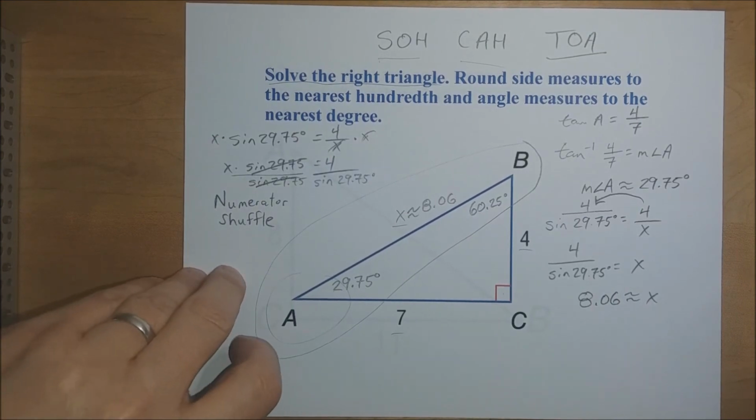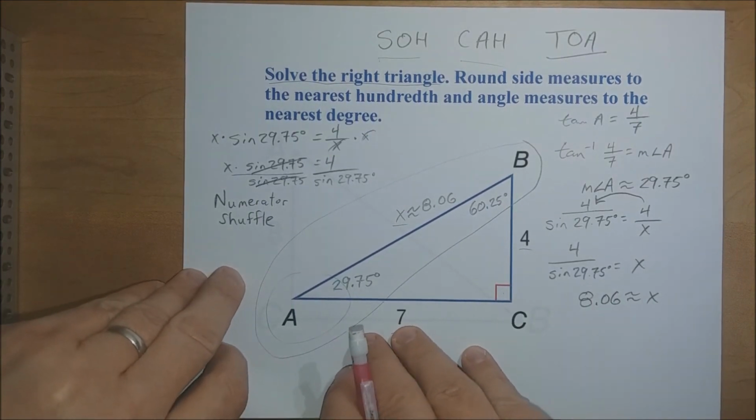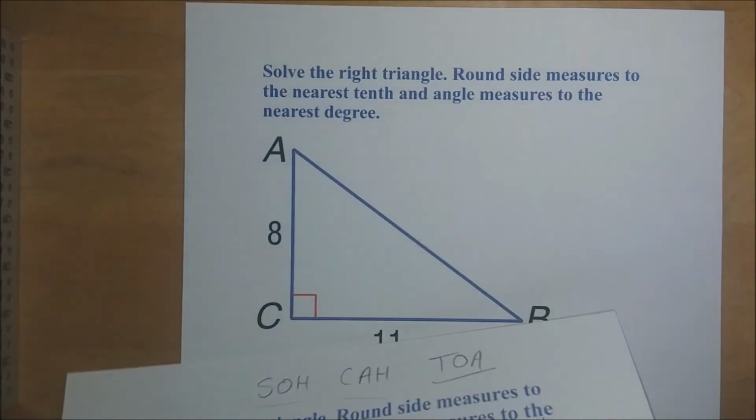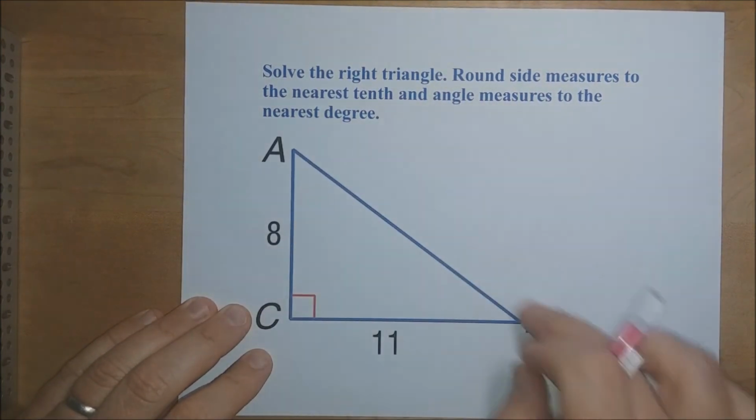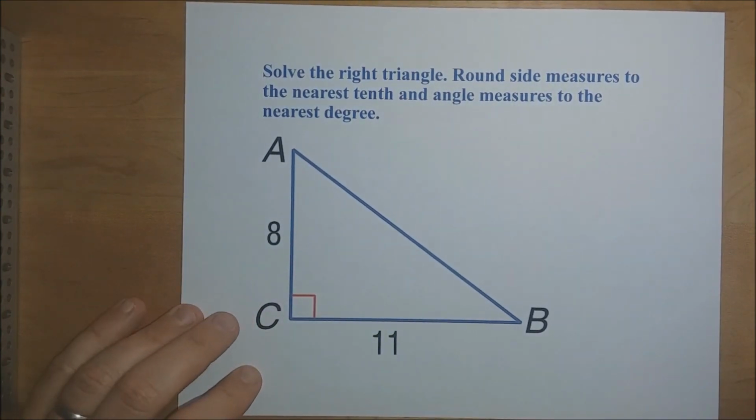All right, let's try another one like that. I know that was a lot to absorb. Let's try another example. Let's go ahead and solve this right triangle. Now, if you want to do Pythagorean theorem to start to find AB, there's no problem with that.